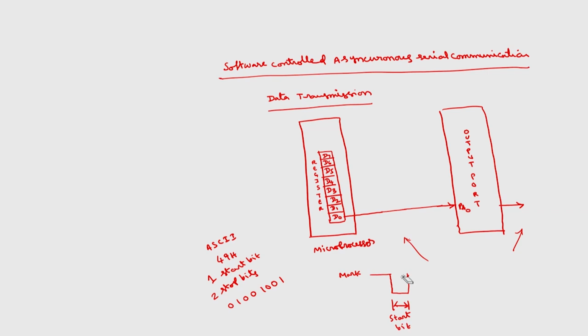Then the first bit of 49H is also 0, then 0, then 1 1, these are all of the same duration, then 2 zeros, then again 1 1, then 2 zeros, 1 1, then we have 2 stop bits.